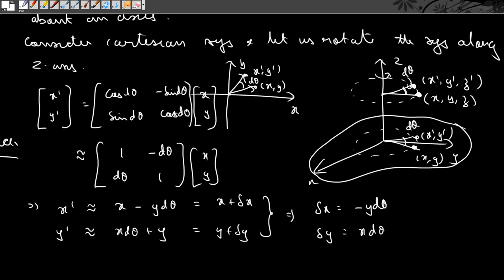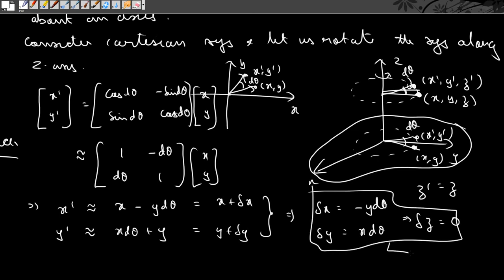Okay, and of course the z coordinate doesn't change because it is the same along this point. So z dash is equal to z, which implies del z is equal to 0. Okay, so this is our required transformation relations. So let me call this equation number 2.